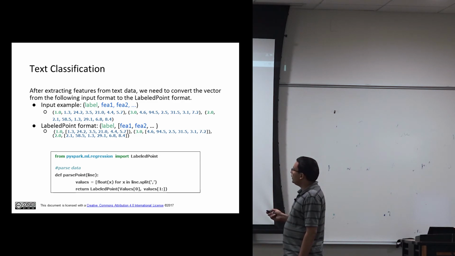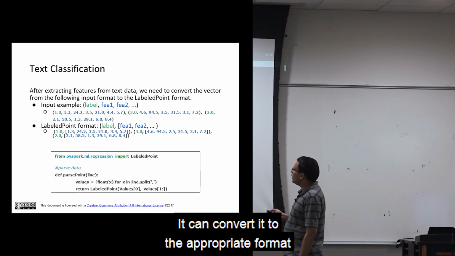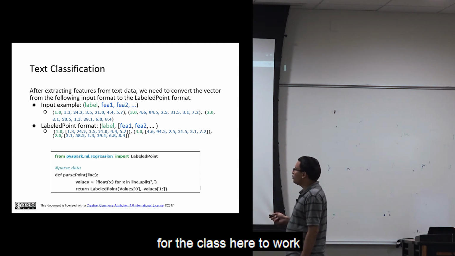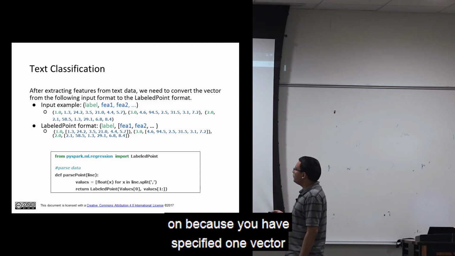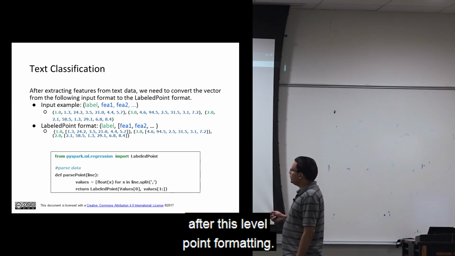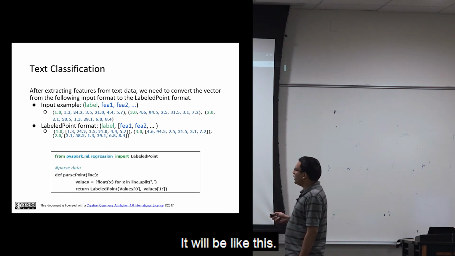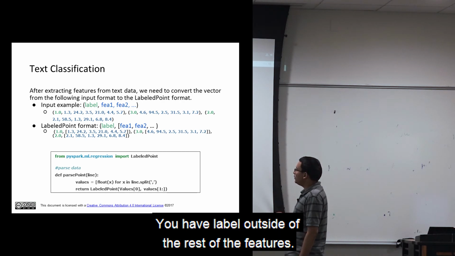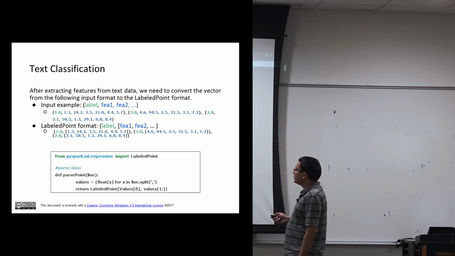Labeled point can convert it to the appropriate format for the classifier to work on, because you have specified one vector where the first one is the label for your particular document. After this labeled point formatting, it will be like this. You have the label outside of the rest of the features.